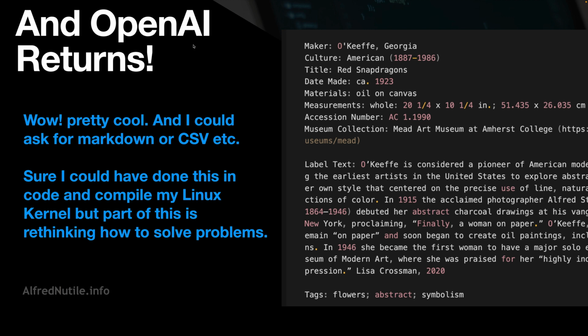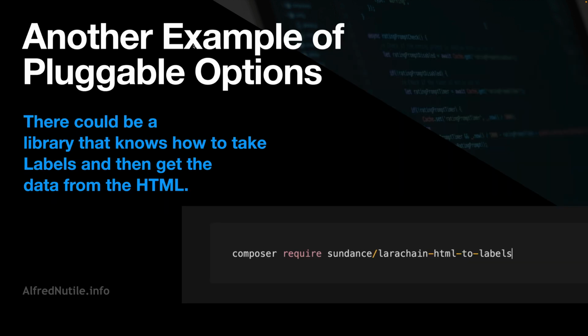Now this is what it made for me, OpenAI. It took that data and turned it into this. Now I could have made it Markdown, I could have made it CSV, I could have done so much with it, and I could have done this in code, but again, we've got to rethink how we approach these problems. And again, it could have been pluggable.